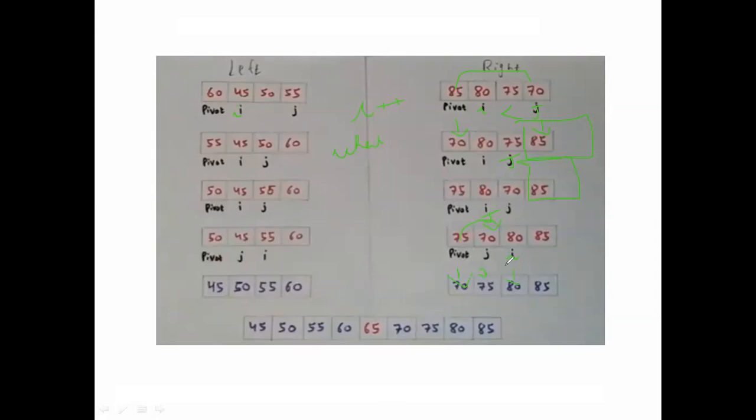Any queries? The i value is greater than the pivot; the j value is less than the pivot, so decrement j by 1.